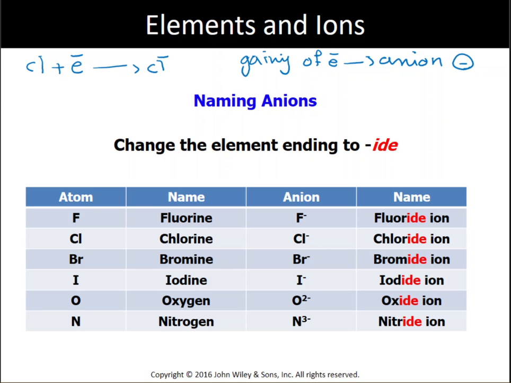Chlorine becomes chloride. Bromine becomes bromide. Iodine, iodide. Oxygen becomes oxide, and nitrogen becomes nitride. And since these are still ions, you use the word ion after it too. So this IDE suffix represents the anion of nonmetals.